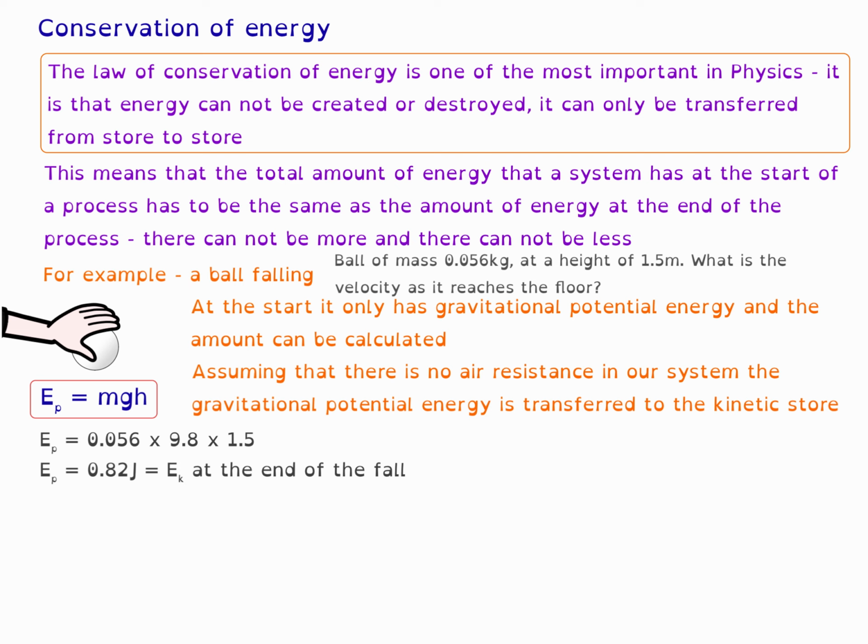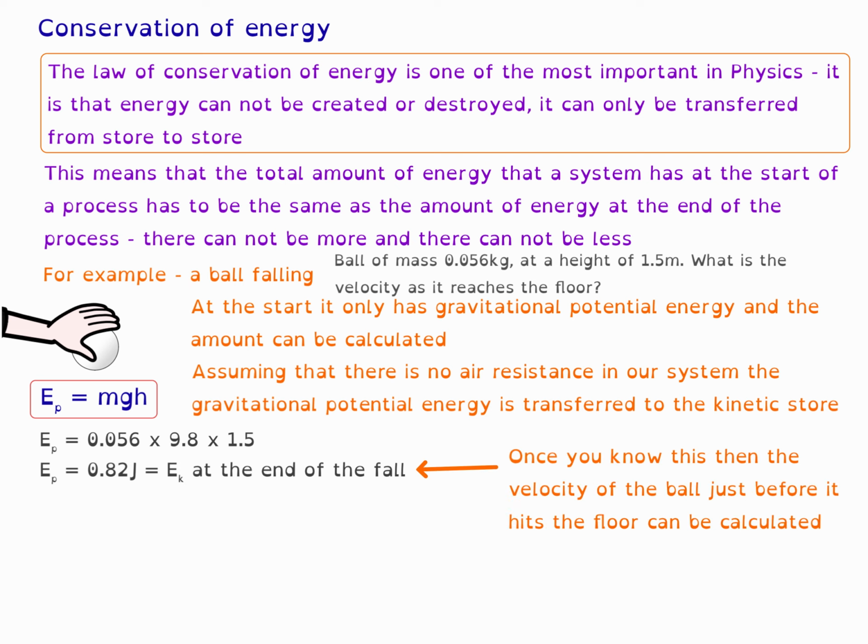Because of conservation of energy, then that must be the amount of kinetic energy at the end of the fall. Then you need to use the equation for kinetic energy, which is EK equals a half mv squared. Substitute in the numbers, so you know the amount of kinetic energy because you've calculated it from the potential energy. So that's 0.82, and that equals 0.5 times 0.056, which is the mass of our object, times the velocity squared.